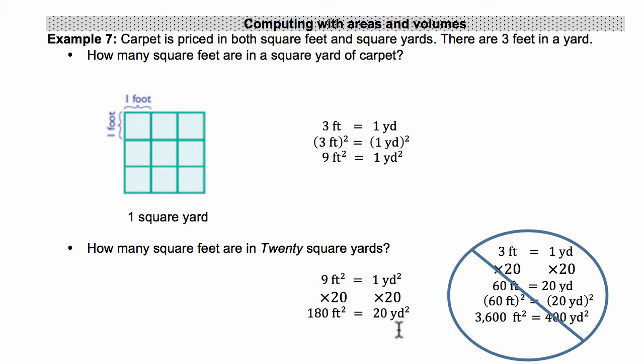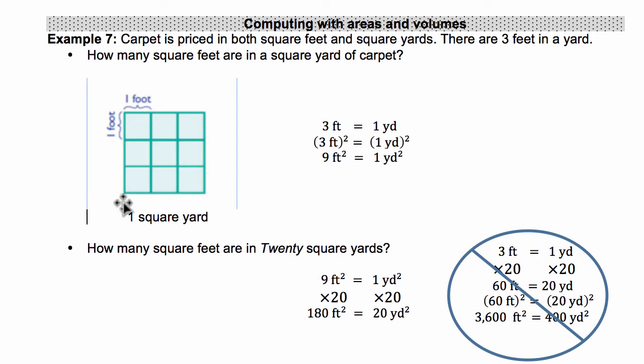Finally, I would be remiss not to point out the illustration on the left. To understand the illustration, note that a square foot is simply a square with length and width equal to 1 foot. Thus, the small squares each have an area of 1 square foot. Similarly, a square yard is simply a square with both length and width equal to 1 yard.